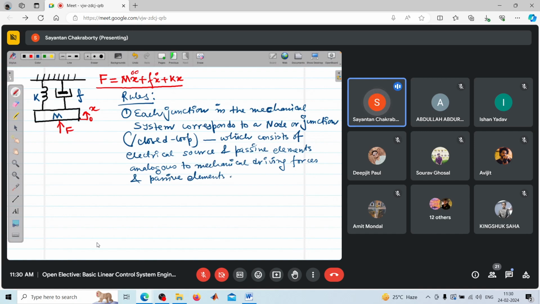Passive element means if you have a mass, a spring, a damper, then it will be represented by passive elements such as R, L, and C. If you have any driving function in the mechanical system, it will be represented either by a voltage source or a current source.